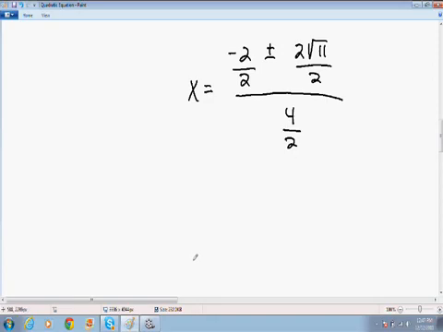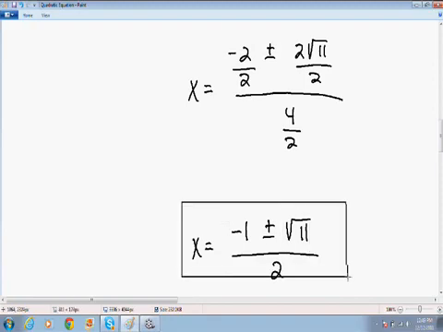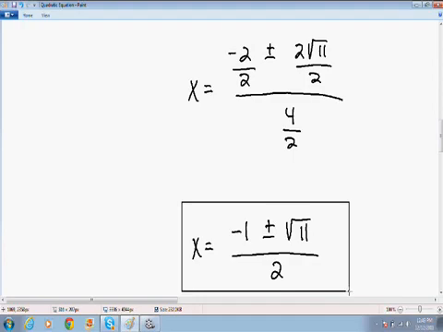And finally, we arrive at our final answer. -2 divided by 2 is just -1, plus or minus 2 square root of 11 divided by 2. The 2's cancel out, so that just becomes the square root of 11, all divided by 4 over 2, and 4 divided by 2 is just 2. Now this equation cannot be simplified anymore. We have simplified it as much as possible, so this is our final answer.